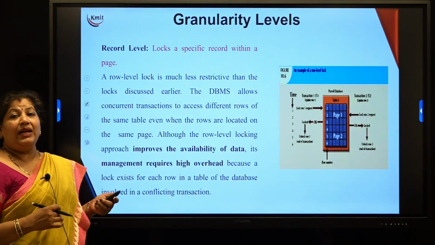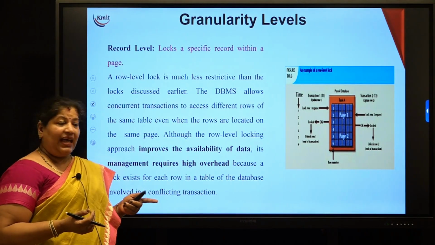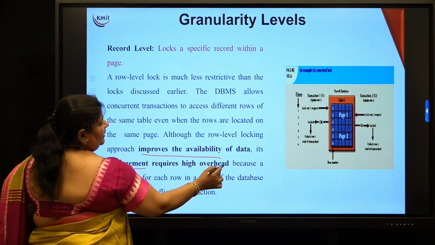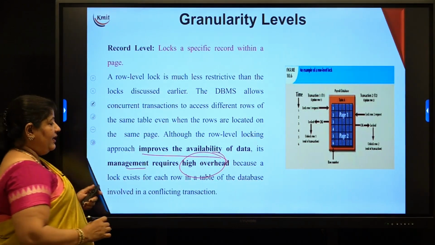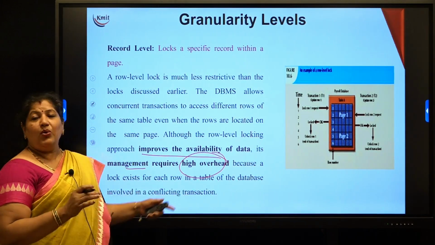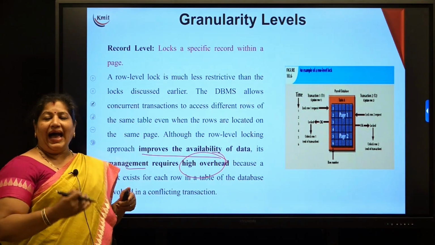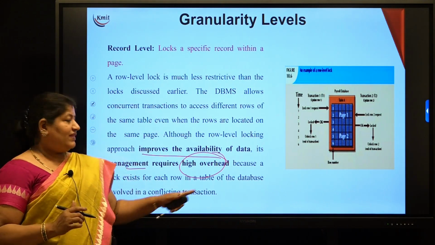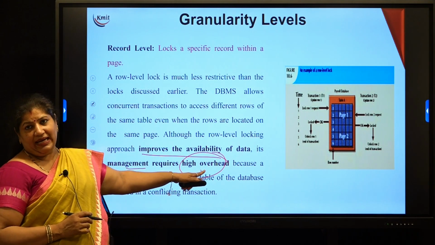Looks very good, so more concurrency is allowed, but the problem is, though it improves the availability, there is going to be a high overhead because a lock exists for each row. Before accessing, you have to apply a lock for that row, access it, release it, and maintain that list of locks. All these things are going to be overhead.